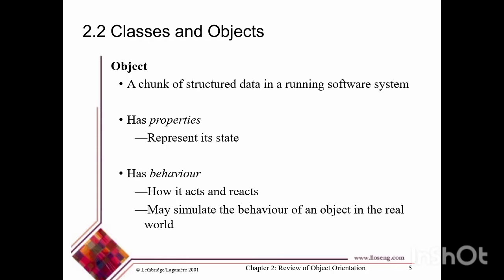Next slide, classes and objects. An object is a chunk of structured data in a running software. It has properties, which represent its state, and has behavior, how it acts and reacts, and may simulate the behavior of an object in the real world. So every object has properties and behavior. Properties are attributes and behavior is methods.